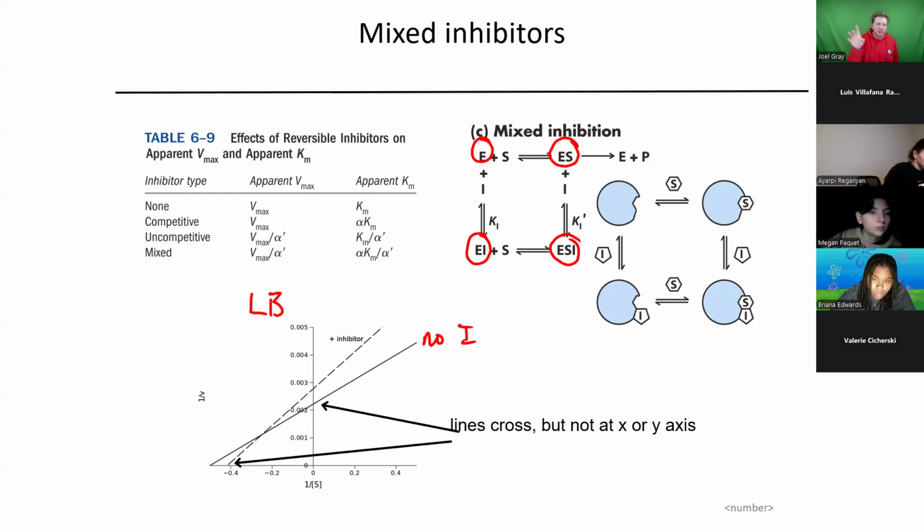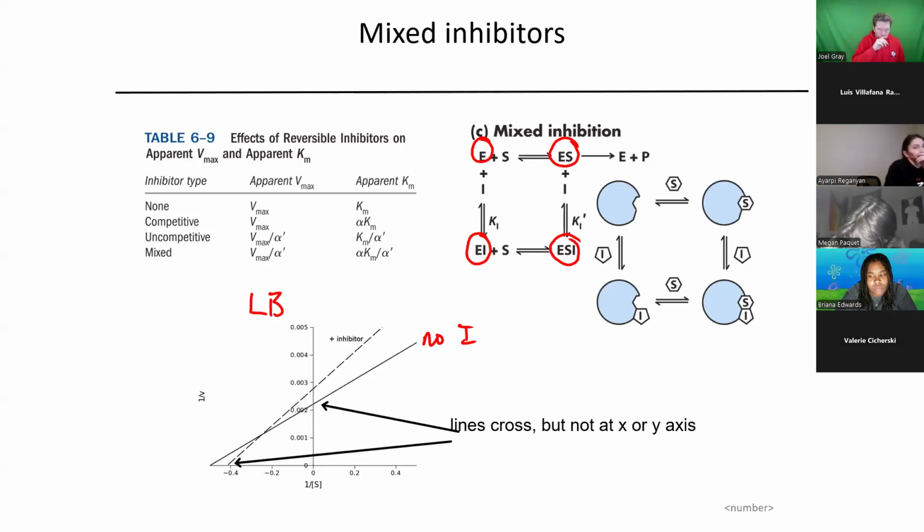Not necessarily one way or another, but does it remain the same or does it change in the presence of a mixed inhibitor? Add it to the chat. It changes. Okay. Same thing goes for the Km. Does the Km change or does it remain the same? Okay, seeing that it changes.